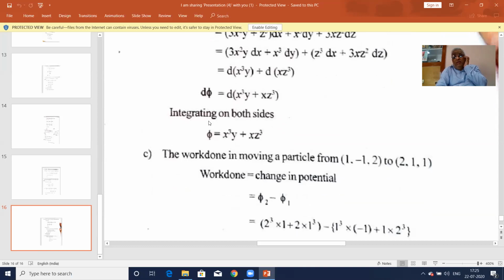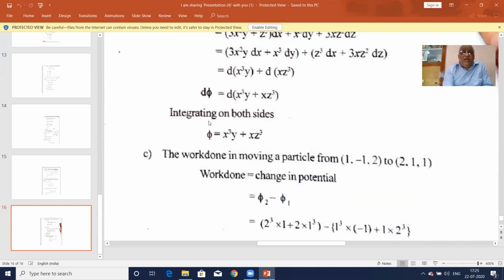Phi 2 means you take (2, 1, 1): substitute x as 2, y as 1, z as 1 and find out phi 2. Similarly, take phi 1 and substitute the values of x, y, z as 1, minus 1, 2.